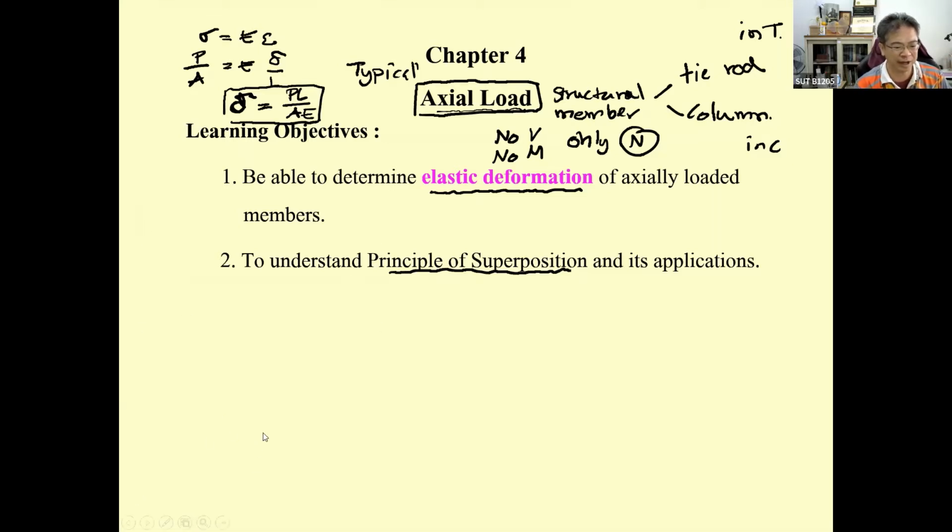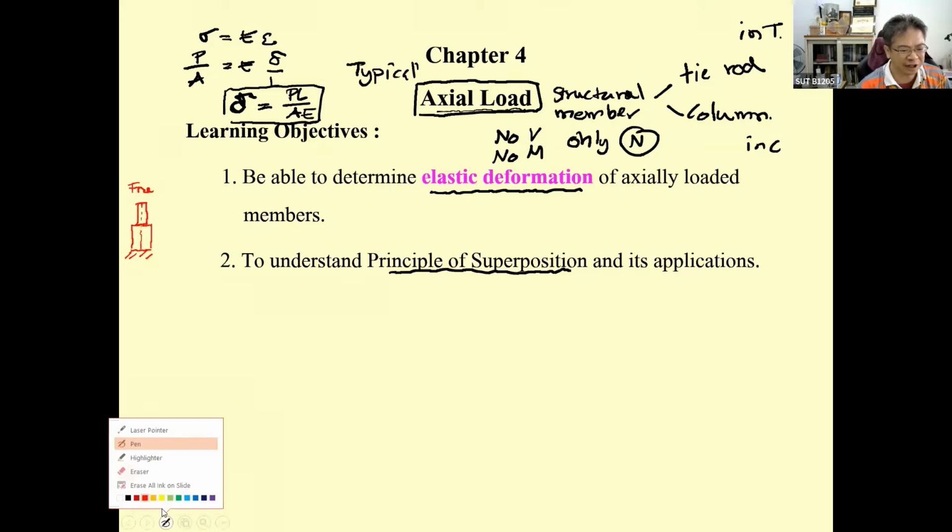We have the structure that is subjected to the force, and let's say on the top, this top is going to be free. This structure, when we consider, okay, this is going to be statically determinate.